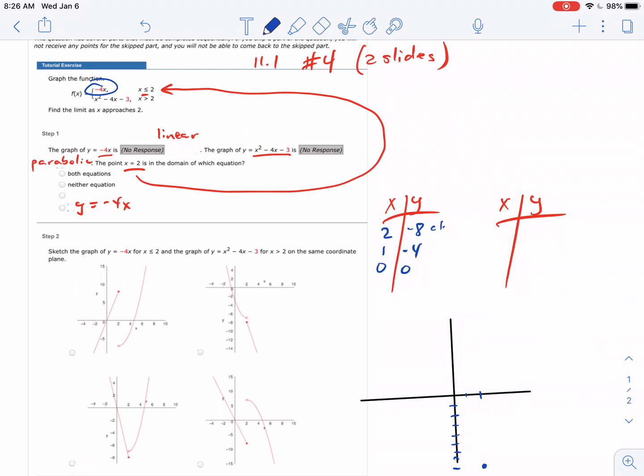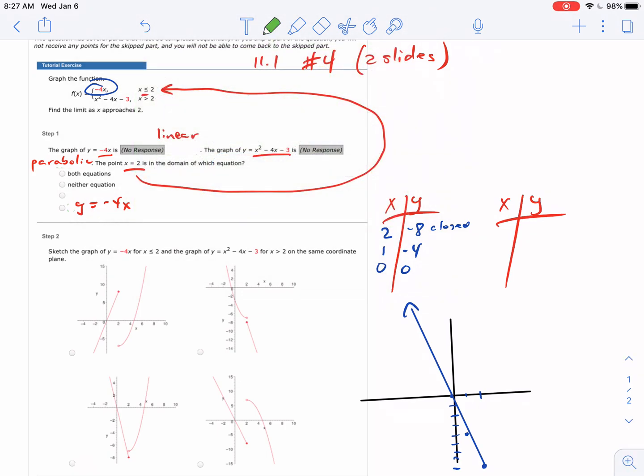This dot will be closed because 2, remember, is in the domain. It's equal to. So then I go to 1, negative 4, 1 to the right, down 4, and then 0, 0. So I know this first one is cutting through like this, a fairly straight line. And again, we're just sketching it, so it's not too big a deal.